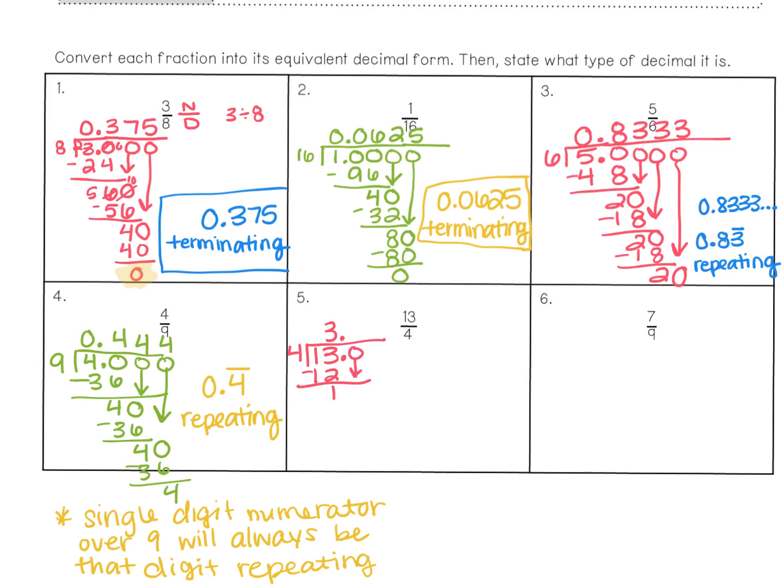So I'm going to add a decimal and that 0. 4 goes into 10 twice. And 4 goes into 20 5 times. I've gotten that 0, so I know that I'm done. My answer is 3.25, and that's a terminating decimal.